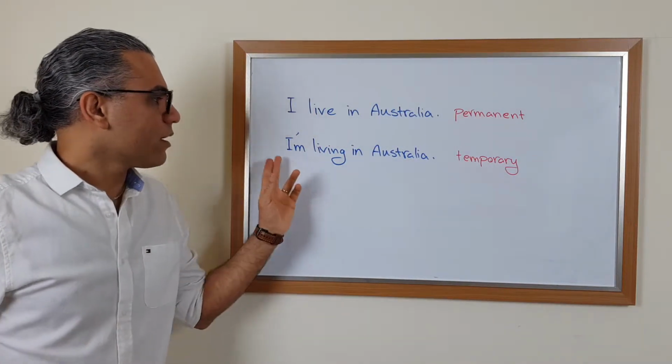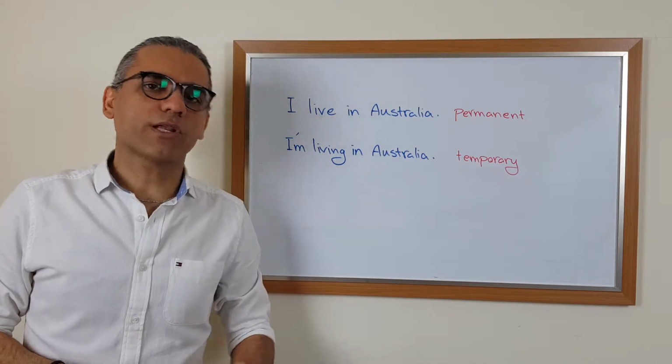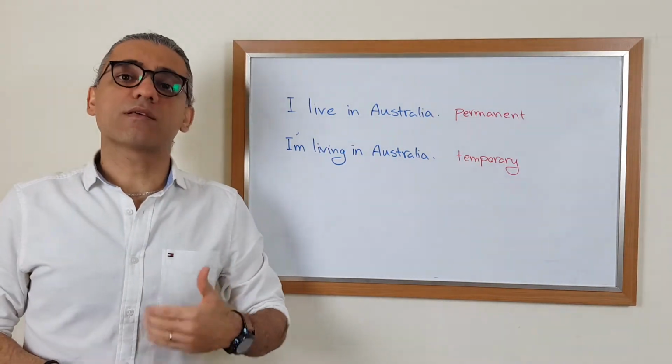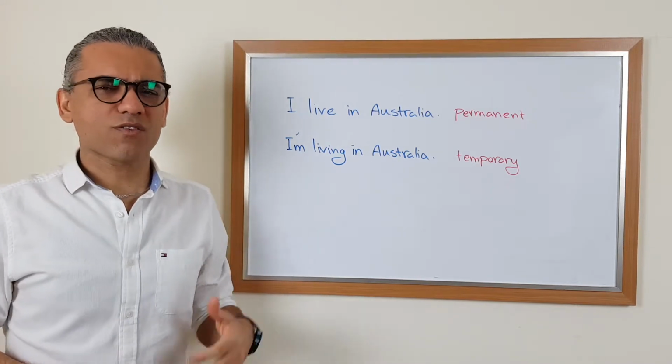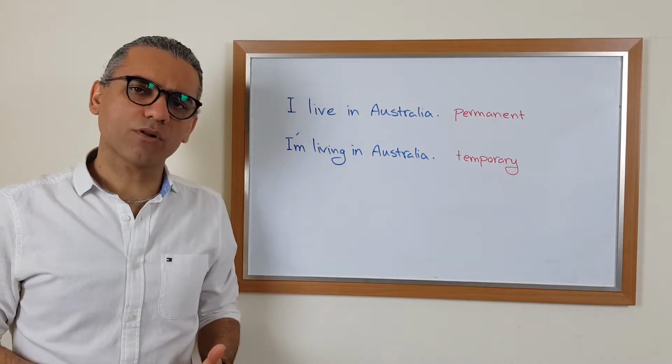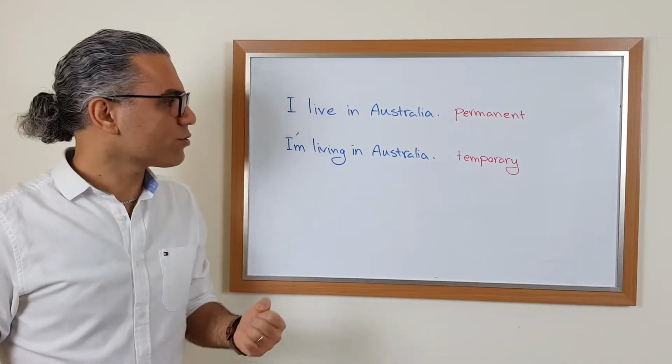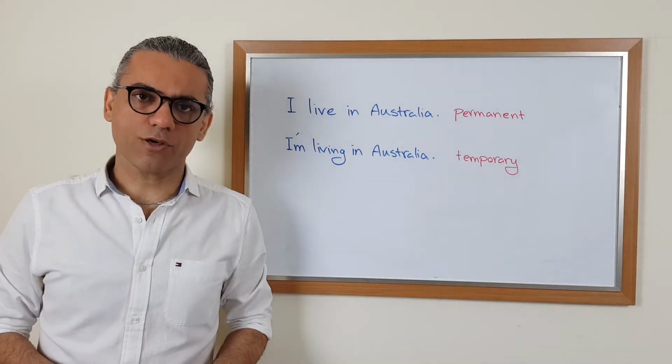It means I'm staying in Australia for a while, but I live in Australia means this is my home and I live here. So sometimes we use present simple to describe permanent situations and present continuous to describe temporary situations.